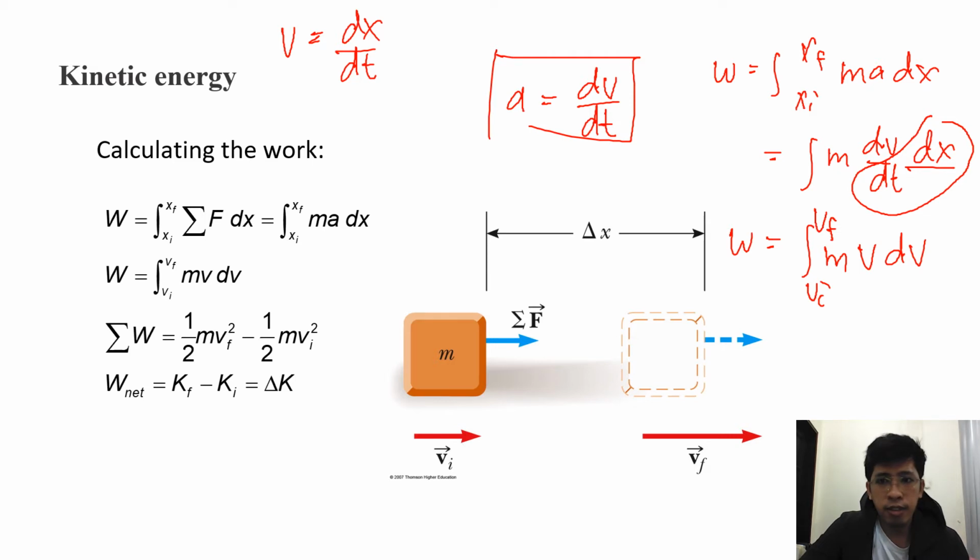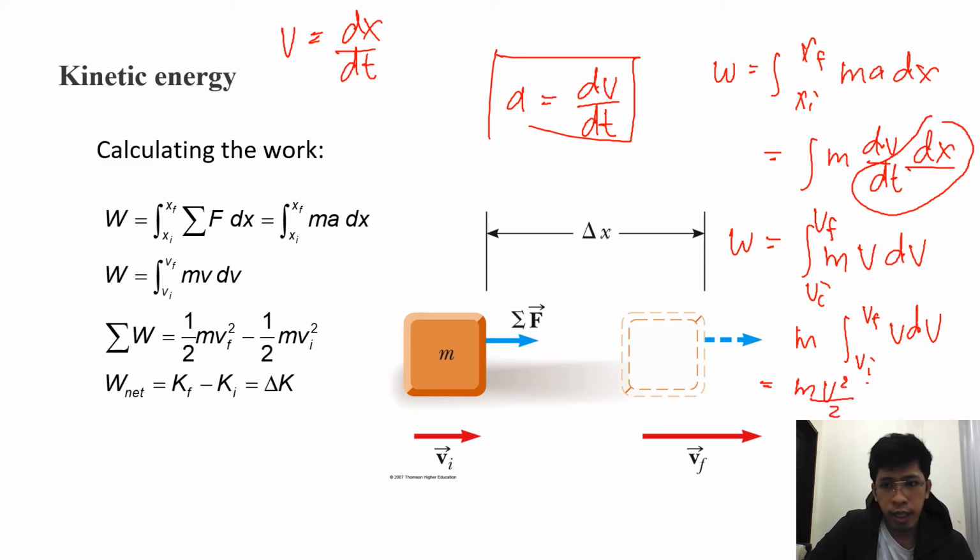Integrating this, the mass is just a constant, so you can take it outside of the integration, and then you have v dv, which gives v squared over 2. So you have m v squared over 2, evaluated from vi to vf.